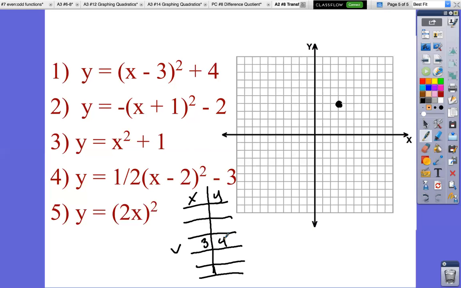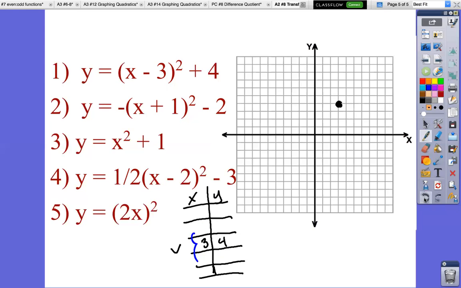Now we're going to talk a lot about parabolas as we move on. But whenever you're doing this, you must take an equidistant step, which means I can pick any value smaller than 3 and bigger than 3 as long as it's an equidistant step, which means if I go down to 2, then I have to go up to 4.